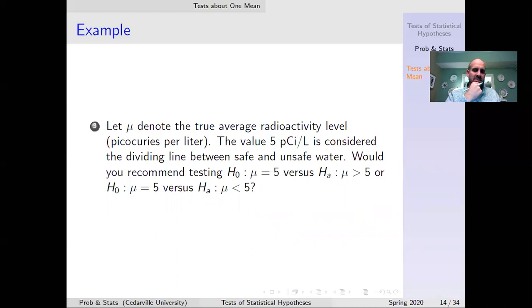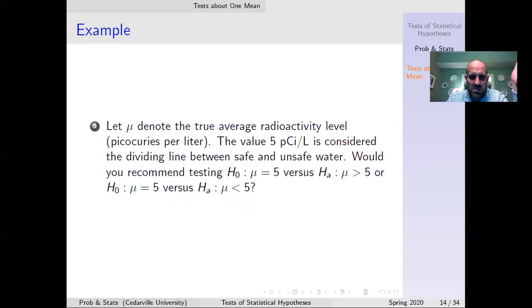Would you recommend testing mu equal to 5 versus mu greater than 5, or mu equal to 5 versus mu less than 5? Which of those two do you think would be the one that you would want to use as your hypothesis test? Well, it seems fairly clear.